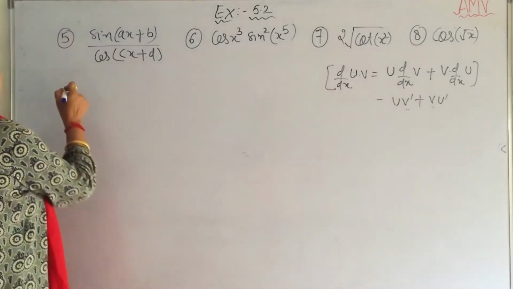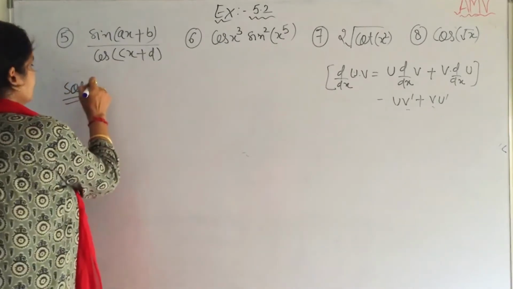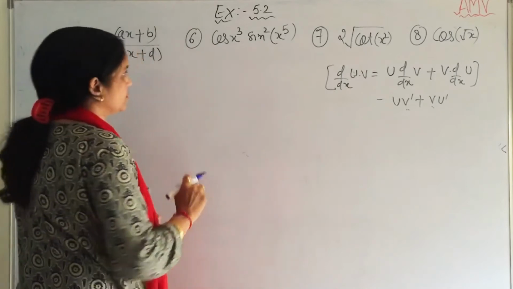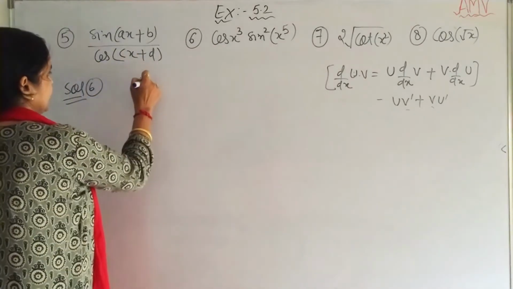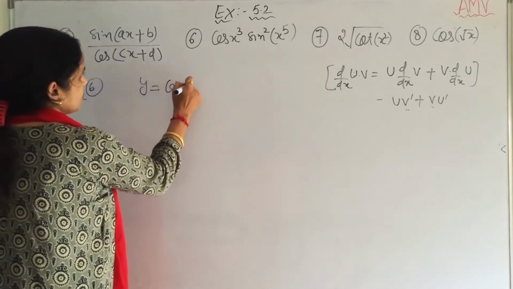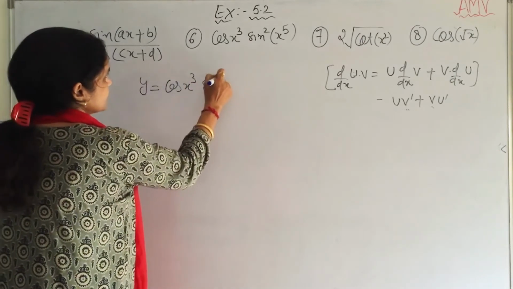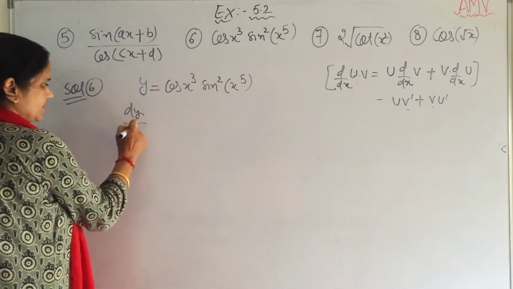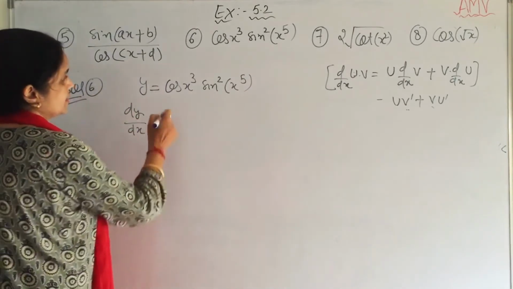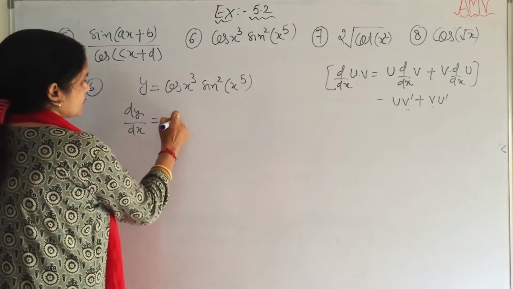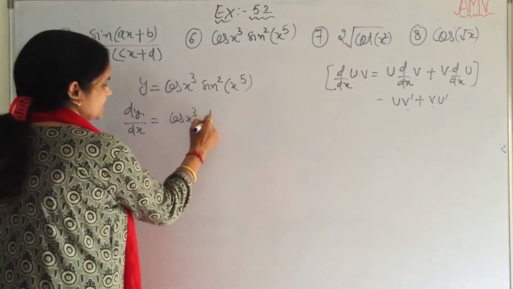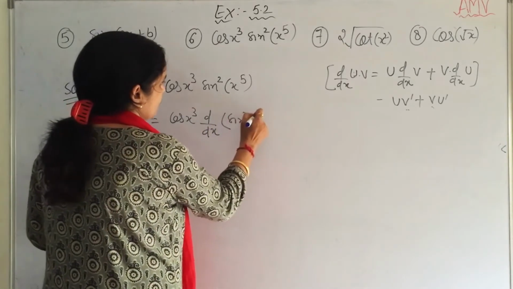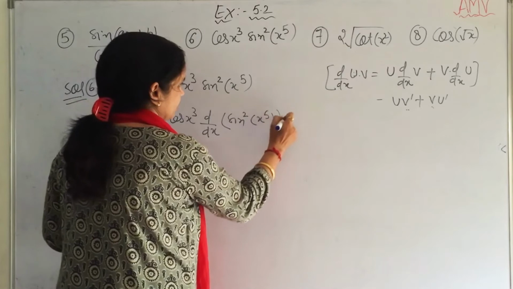In question number 6, students, there are two terms in product, so we have to apply the product rule. Let y is equal to cos x cube and sin square x to the power 5. Now take the derivative with respect to x. Here first cos x cube as it is, and d by dx of sin square x^5.